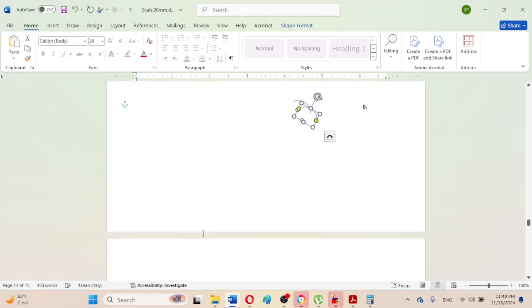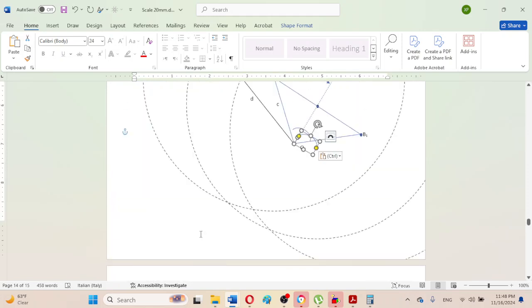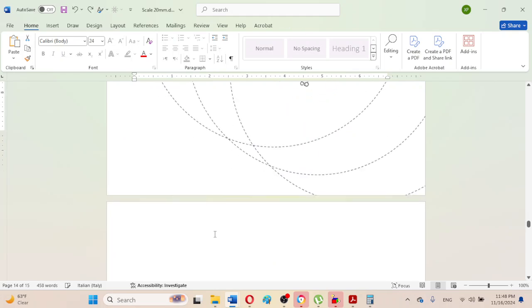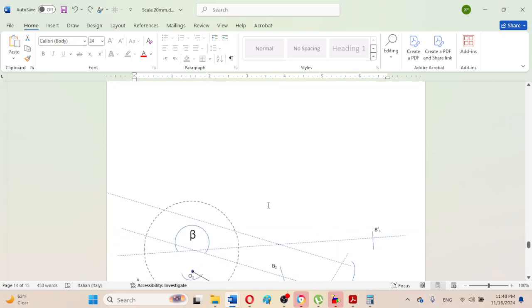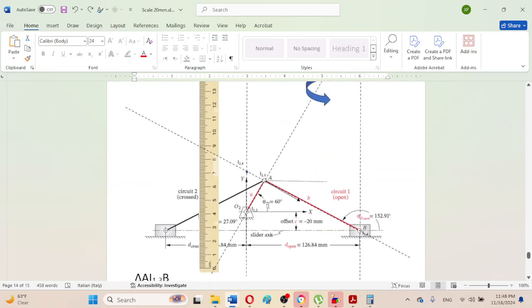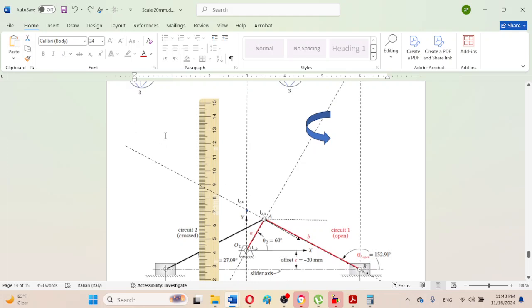Here at any suitable location, just paste it and move this.